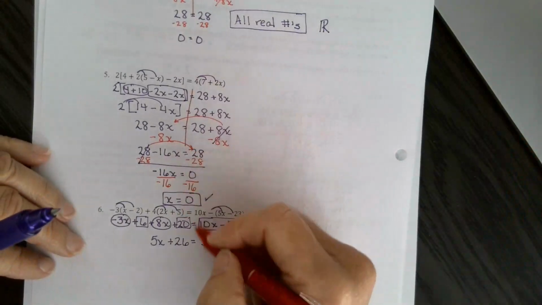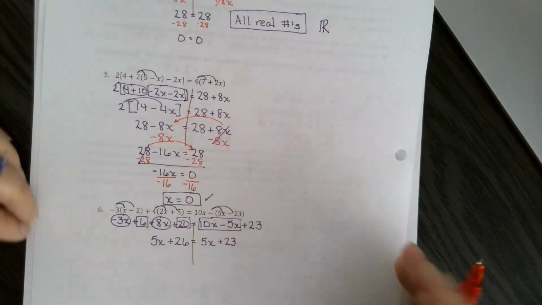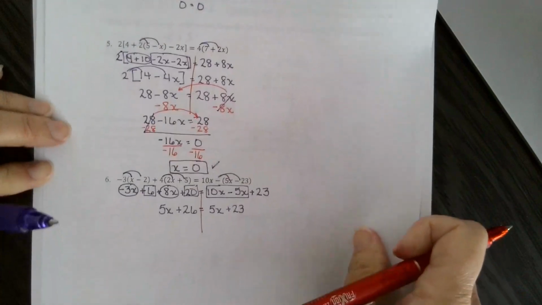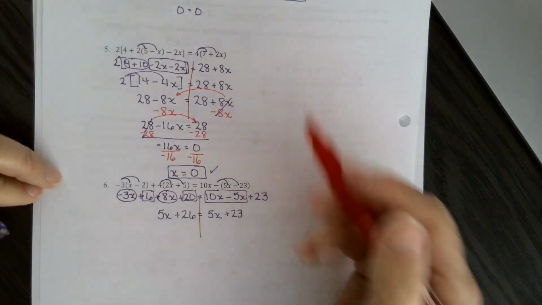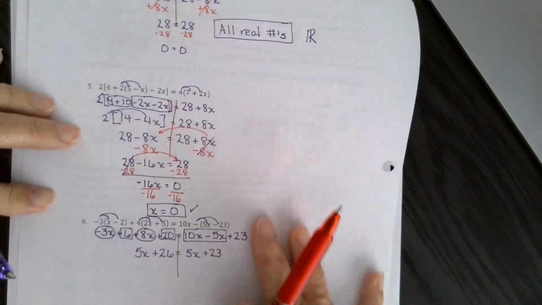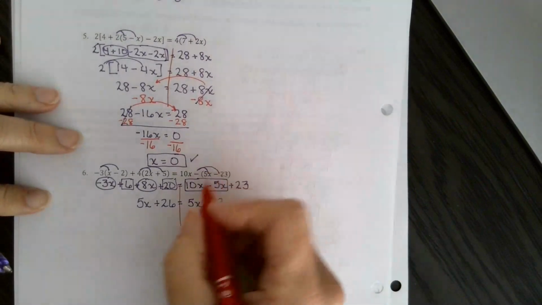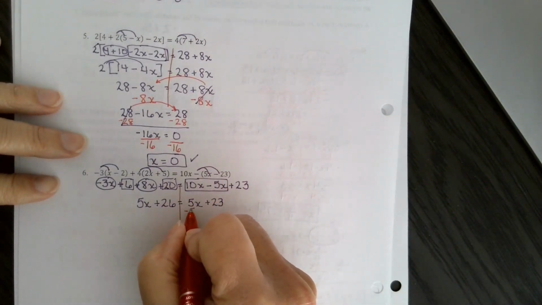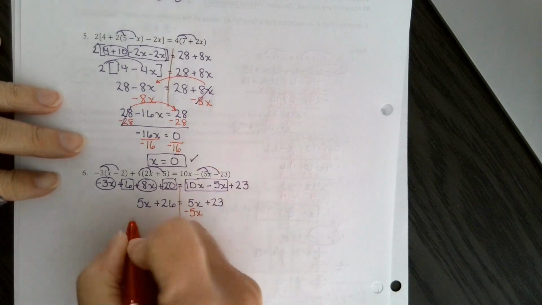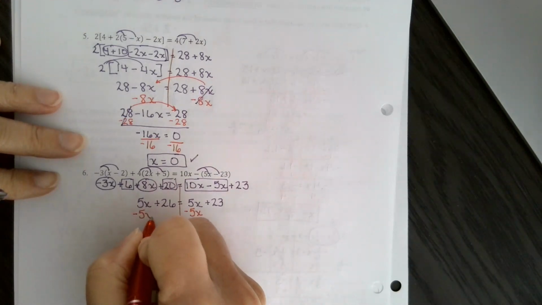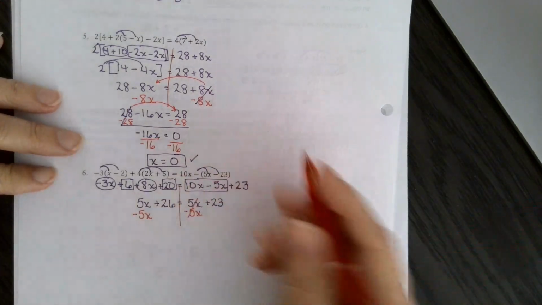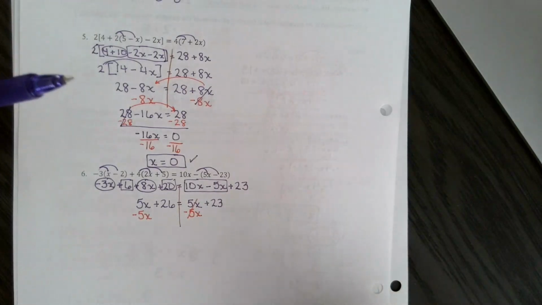Now, again, you don't have to. I just find, especially on these problems, the identity, the all reals, and the no solution, if you move your letters first, it's easier to tell which one's which. I just see a lot of mistakes when they don't move their letters first.